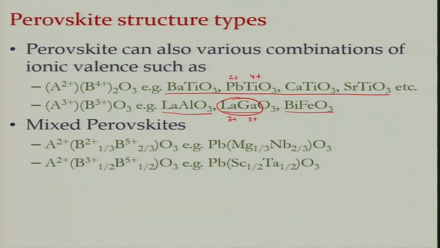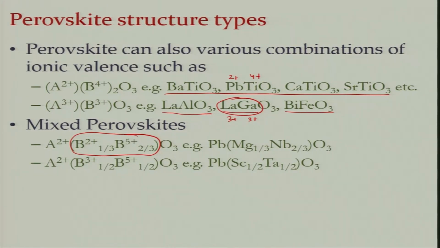You can also have mixed perovskites such as A 2 plus, where the B atom can be a mixture of 2 plus ion and 5 plus ion, such as lead magnesium niobate. It is a relaxor material. Basically it is a solid solution in such a fashion that the B site is partially substituted by 2 plus or 5 plus atoms, okay.